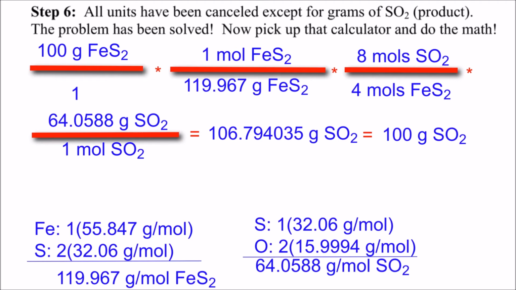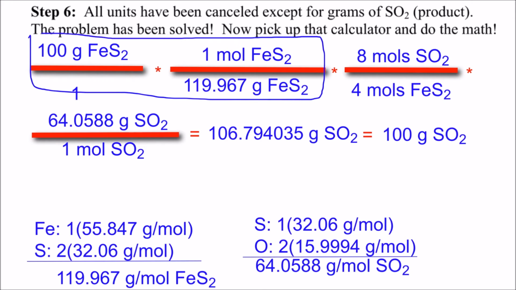Alright, let's see here. This is the step 2. Okay, step 1 was doing our balanced chemical equation, and then this right here is step 2, converting from the given into moles. And then step 3 is to use the balanced chemical equation to change from one substance to another.